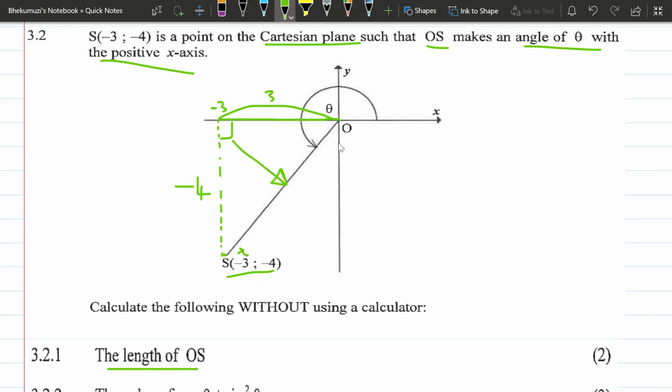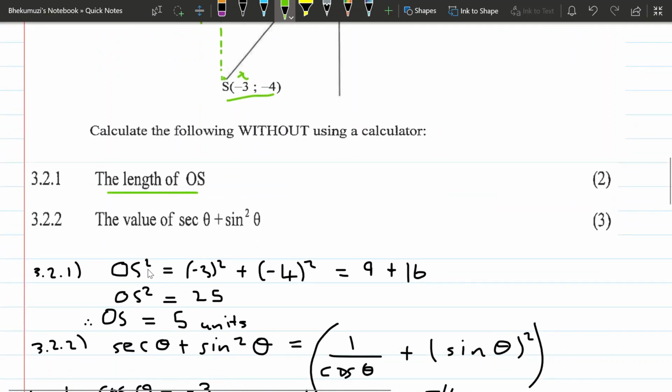And so if that is the case, then we have to just say OS to the power 2 is equal to (-3) all to the power 2, which is your x, plus (-4) all to the power 2, which is your y, and that would give us 9 and 16, and when we add them together, that will be 25.